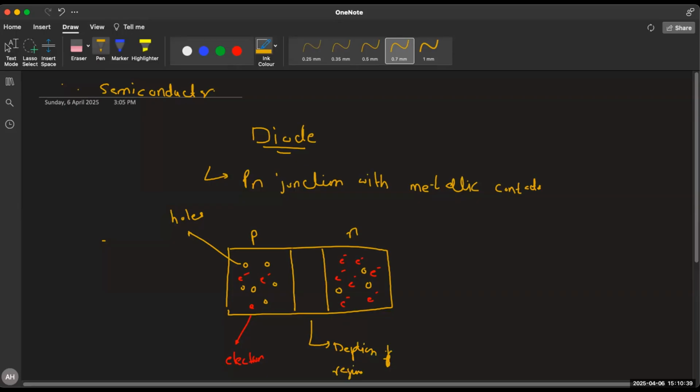In the depletion region, on the N side you have negatively charged ions, and on the P side you have positively charged ions. And this is a potential which is known as the barrier potential, VB.